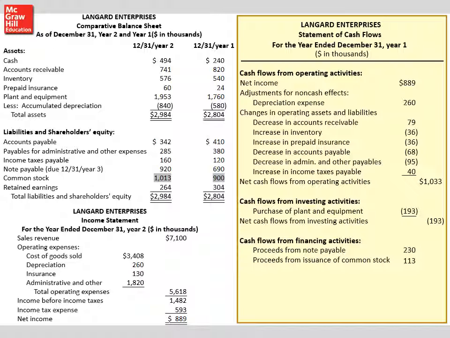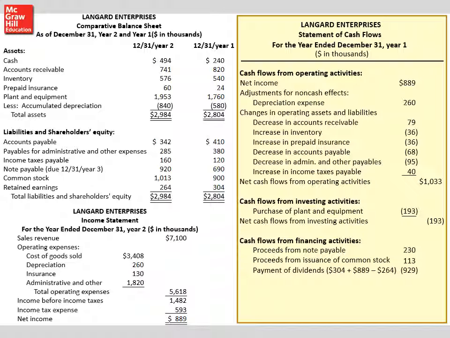Now retained earnings, it went from 304, add net income, 889, subtract the 264 balance. That means we've paid out dividends of 929,000.